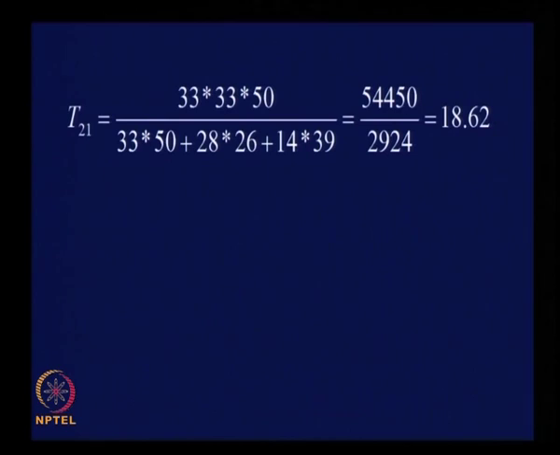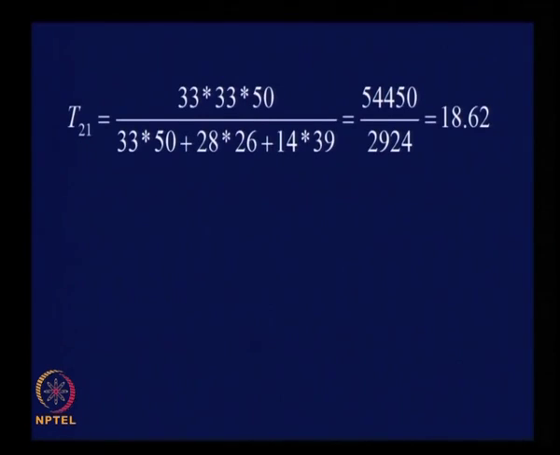Obviously the first 33 stands for production in zone 2, and the next 33 stands for attraction in zone 1, and 50 is F21, the friction factor for travel between 2 and 1, right.